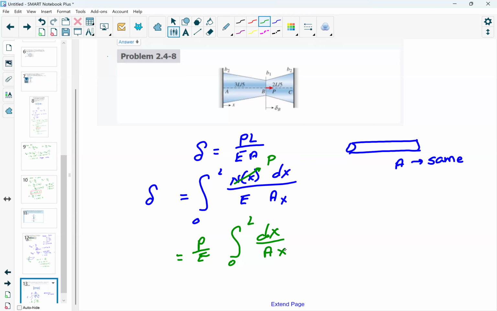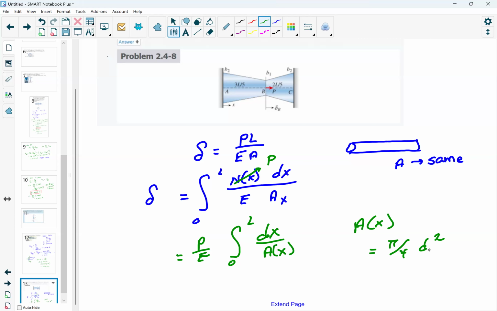The one that you're doing is different, because I've got A as a function of X. I have this 0 to L, but what's changing is the diameter. So A is a function of X. We know area is then going to be pi over 4 d squared. The d is what's going to be changing.